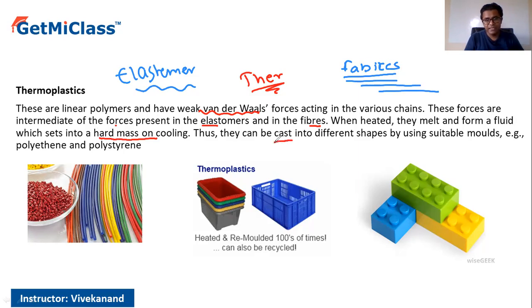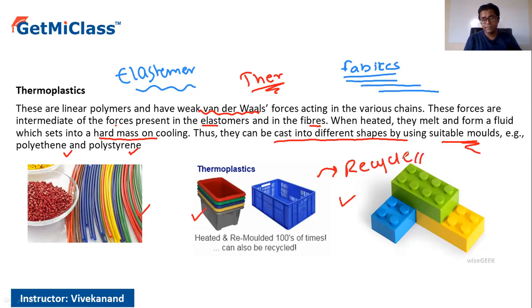Thus, these can be cast into different shapes using suitable molds, for example polyethylene and polystyrene. All these materials which you can heat, convert into a liquid, and remold again, you can recycle them. Such plastics we call thermoplastics, right?